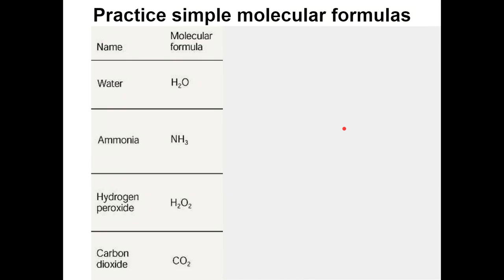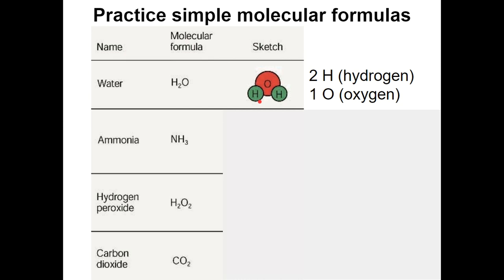So we're going to practice reading these simple chemical formulas. And remember, the number goes with the element before. So water is H2O because it's two H's and one O. And this is important for you to be able to know what this is. This is like the recipe for that molecule.